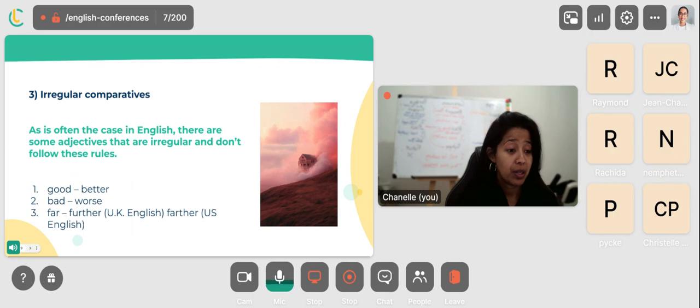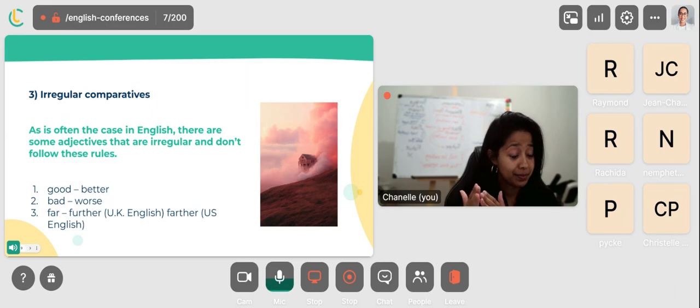Sometimes you have what we call irregular comparatives. As is often the case in English, there are some adjectives that are irregular and don't follow this rule. For example, we'll say good as an adjective, but we will not say good, gooder, goodest. It is an irregular adjective. That means that it will change completely.